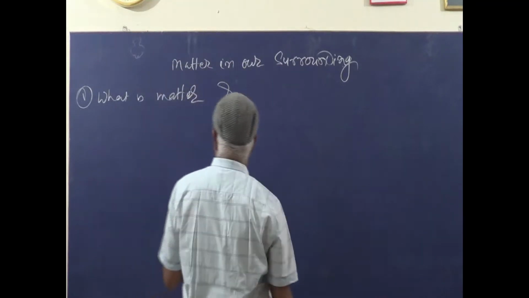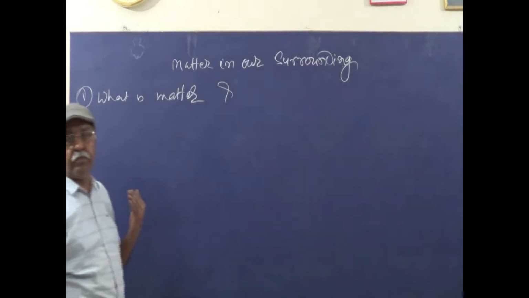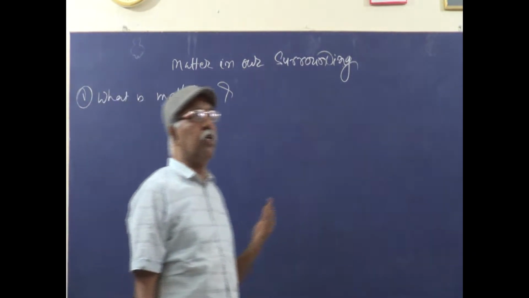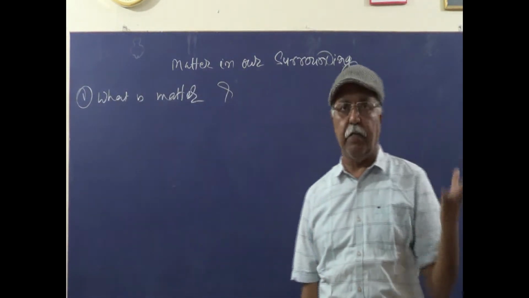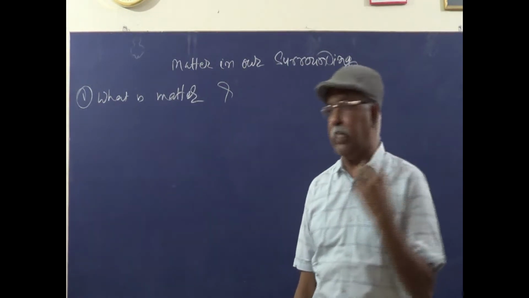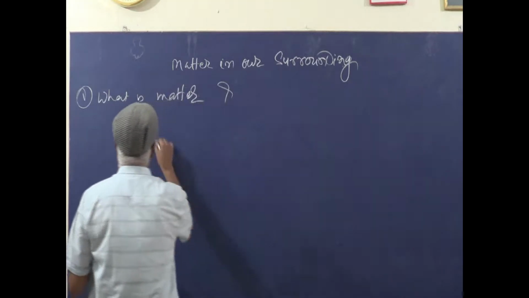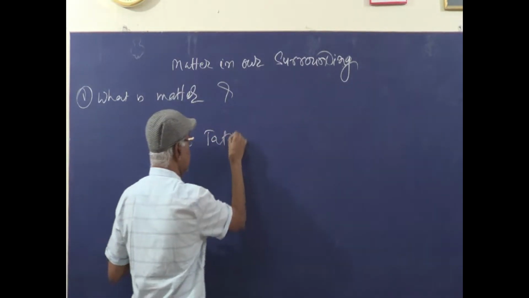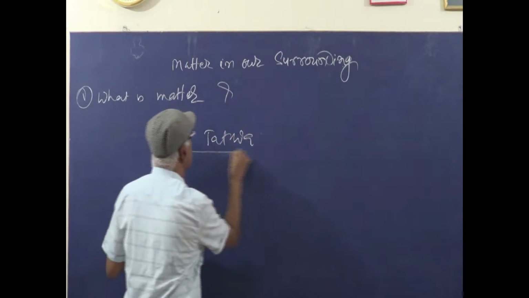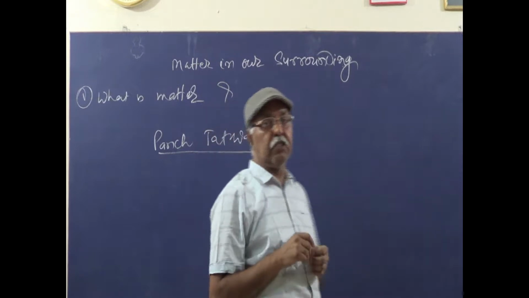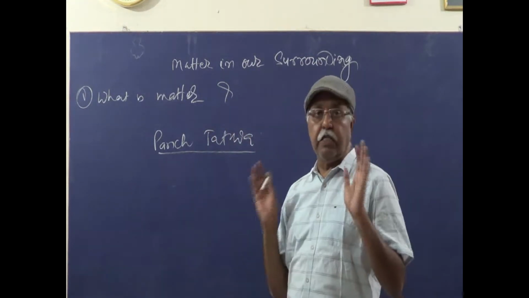According to the Indian philosopher, everything in the universe is made up of 5 basic elements. The 5 basic elements were known as the Panch Tattva. It was according to the Indian philosopher that everything in the universe is made of the Panch Tattva.